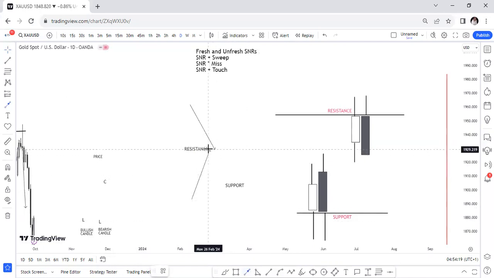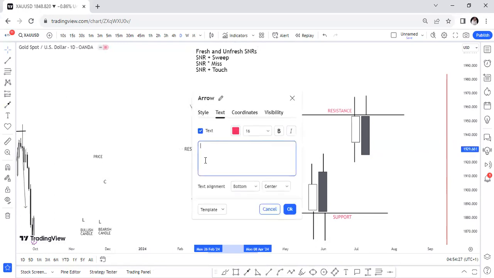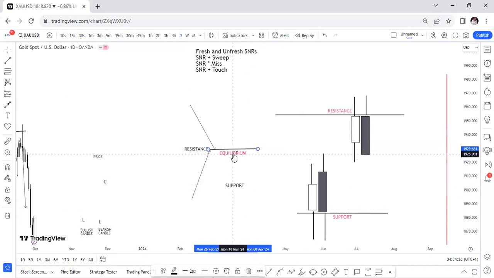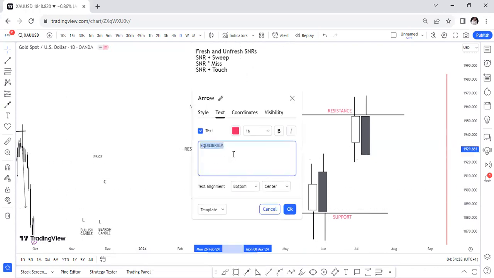So we have this now as the battlefield for both of them, which is what we call the equilibrium level. In our economic times, the meaning of equilibrium is when the buyers and sellers meet, that means the buying and selling meet at the same price level.